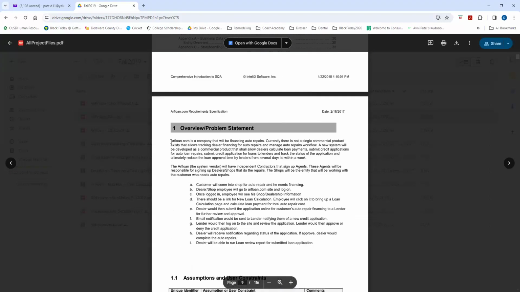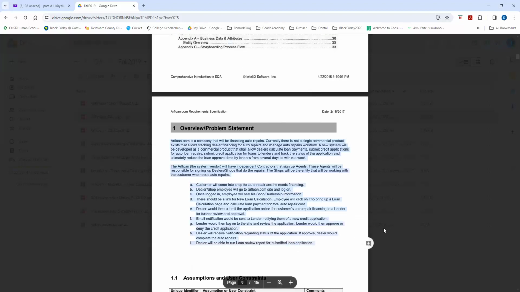Basically, Arfloan is going door to door to the dealers and signing them up, as part of this overall software application or some business process.